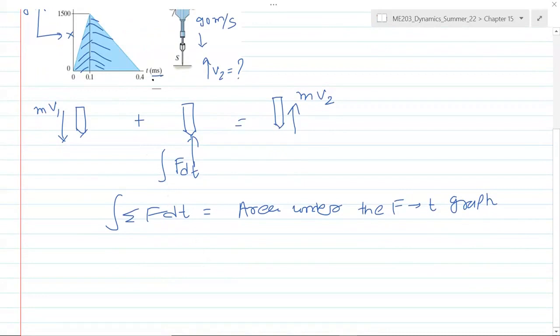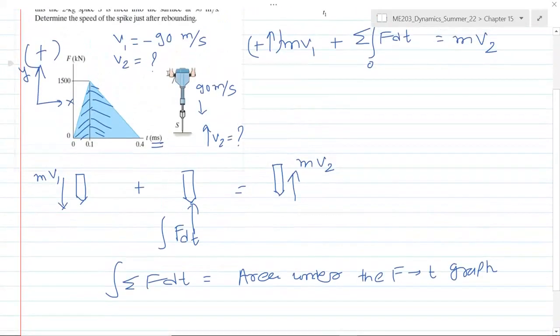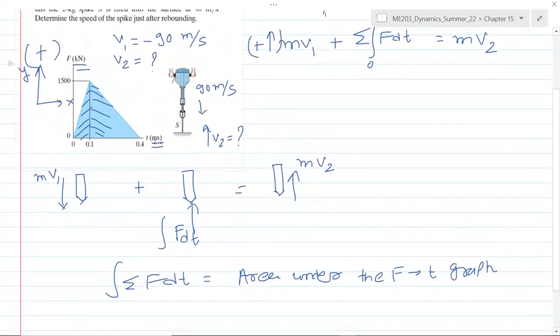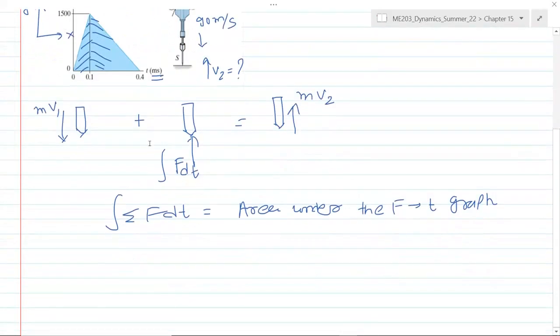This is in milliseconds, and that's in kilonewtons. Our final answer is needed in newton-seconds. To convert kilonewton to newton, we multiply by 10 to the power 3, but to convert millisecond to second, we multiply by 10 to the power minus 3. So that will cancel out.